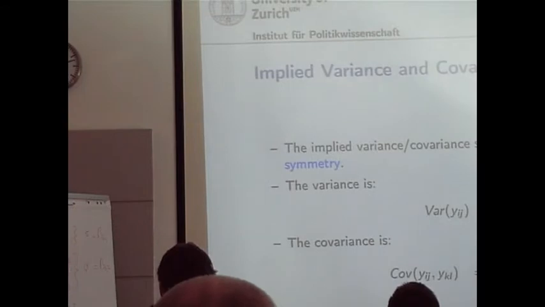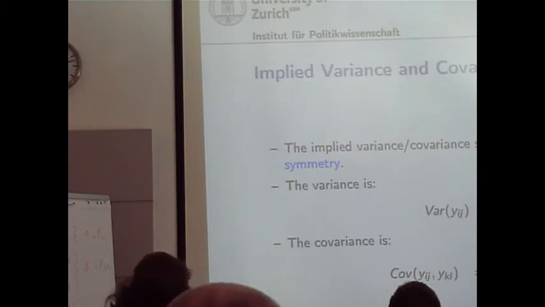I'm not going to show you where this comes from, but it's easy to show that the variance of the dependent variable, since there are two sources of variation, is equal to the sum of those two sources of variation. So we have variance due to individuals plus variance due to groups. And that's, of course, interesting to note.